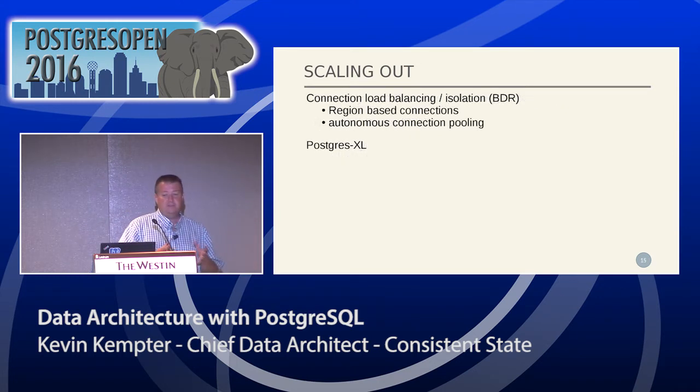We can also do some connection load balancing, and this usually works best with BDR. In fact, we did some work for a client out in California that had their application set up in such a way that their primary markets were Dallas, Southern California, and the East Coast. And based on that, we set up BDR.